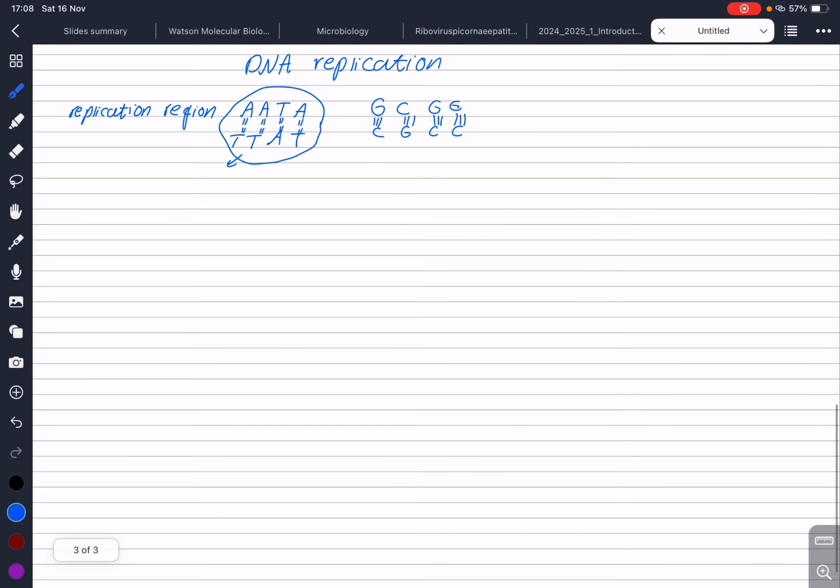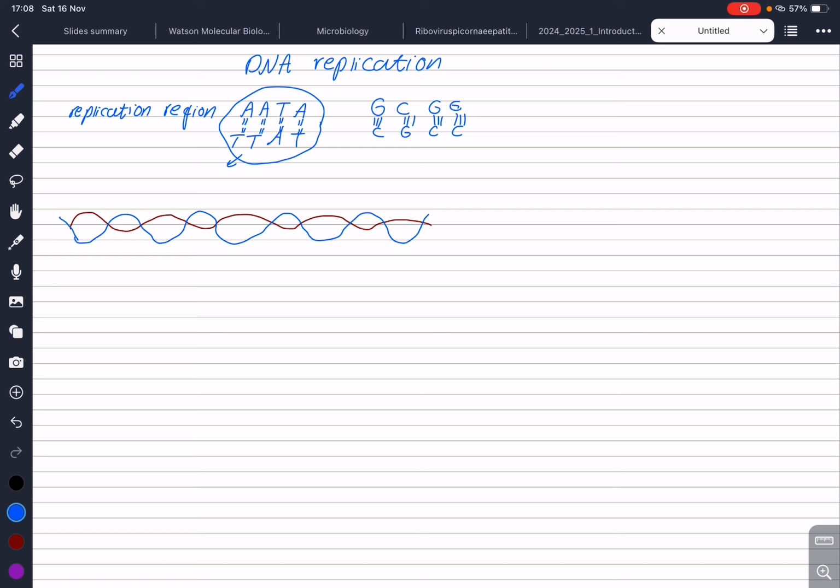How does it occur? DNA has 2 strands, okay? We say that DNA replication is semi-conservative. What does it mean?